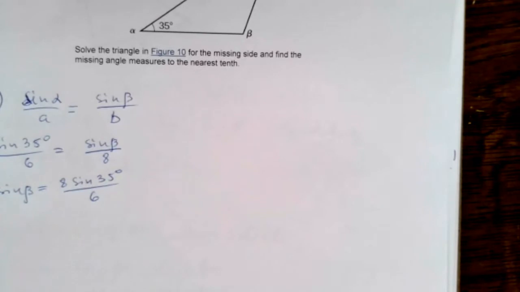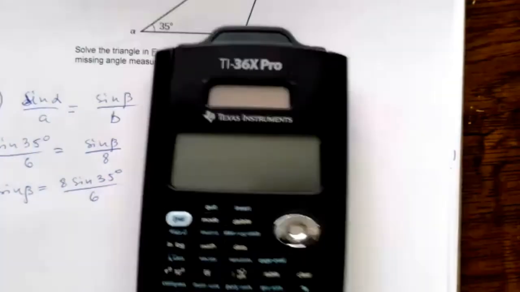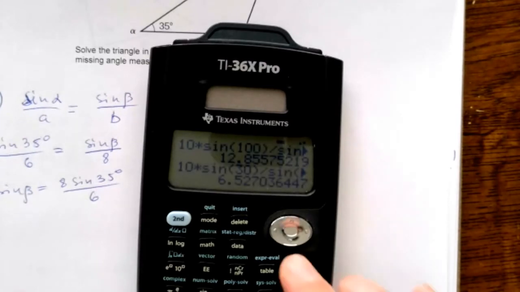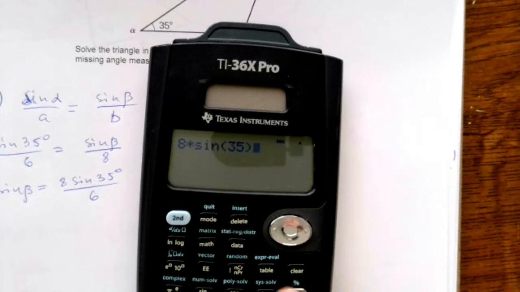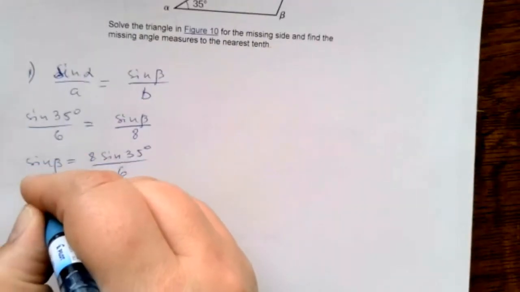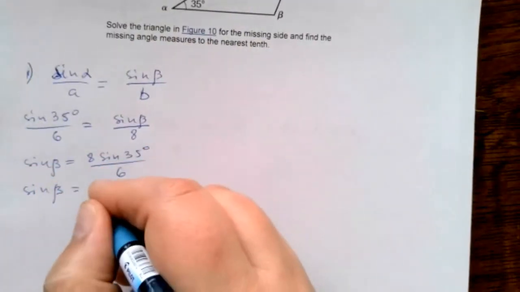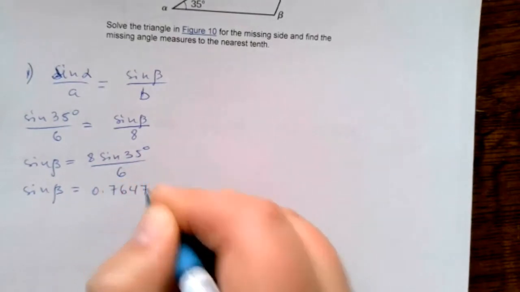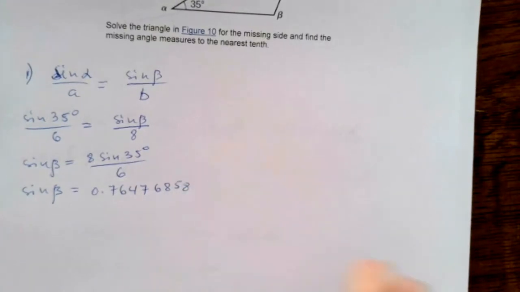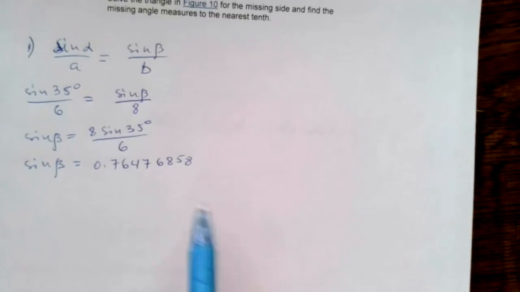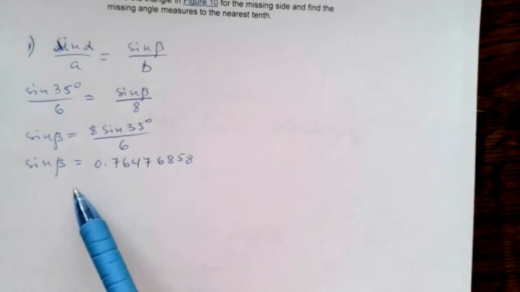All right. Let's put it in a calculator. I have 8 times sine of 35 degrees divided by 6. So I now know that sine beta is 0.76476858. So how do I find my beta?